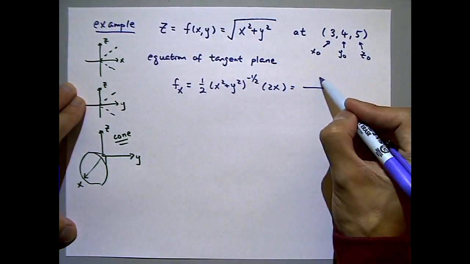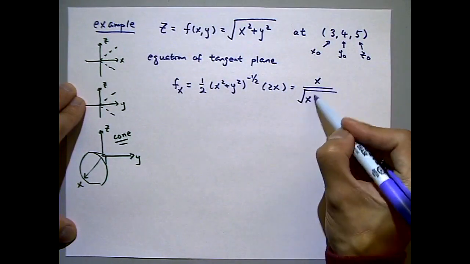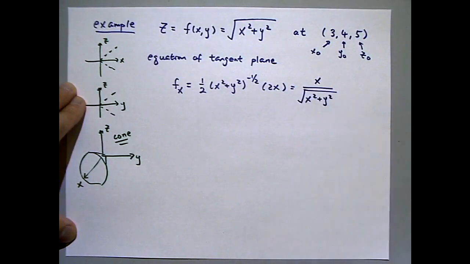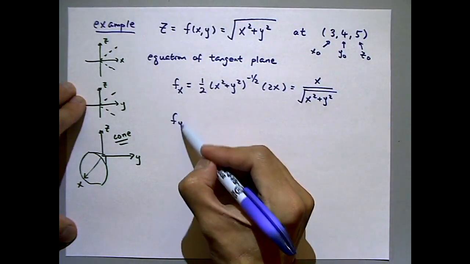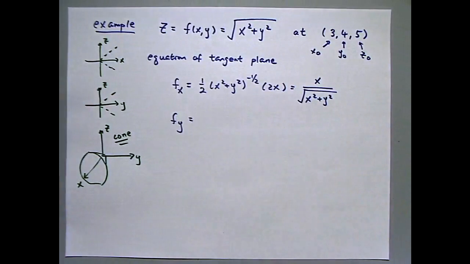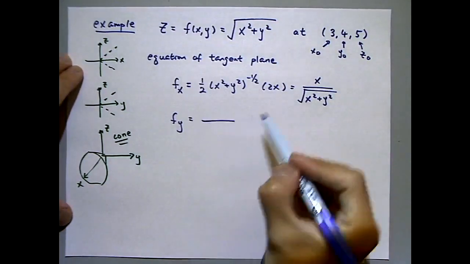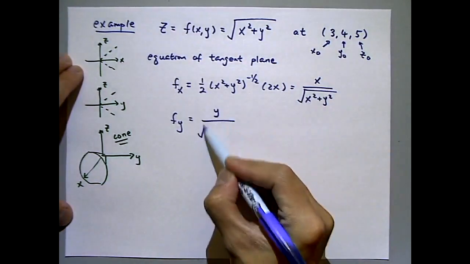So that's equal to x over the radical of x squared plus y squared. Partial with respect to y is exactly the same thing, with the x on the top replaced with a y.